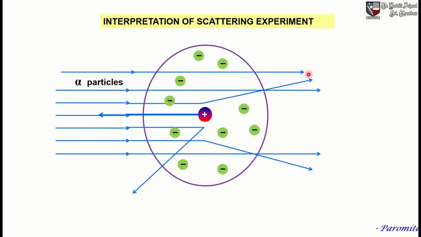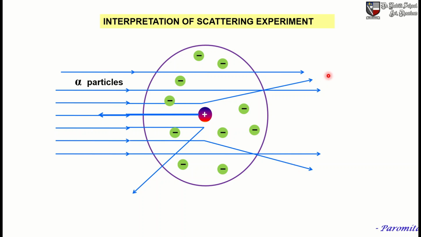Number 1. Most of the alpha particles passed through the gold foil undeflected. As most of the alpha particles passed through the atoms of gold undeflected, this means that they did not come across any obstruction in their path. Thus, most of the space inside an atom is expected to be empty. Then Rutherford observed that some of these particles deviated slightly from their path.